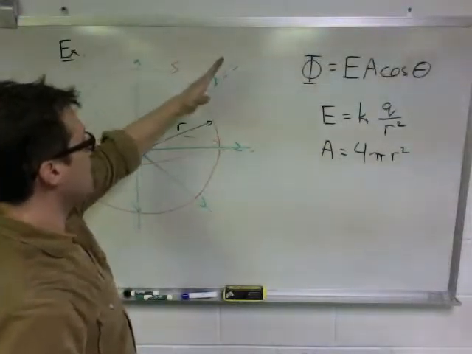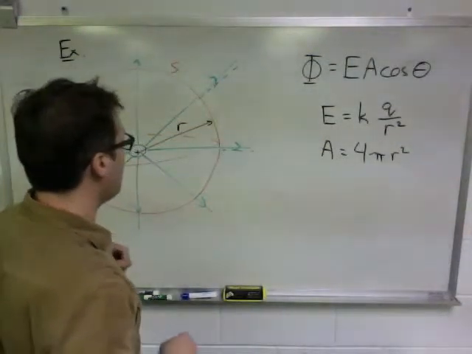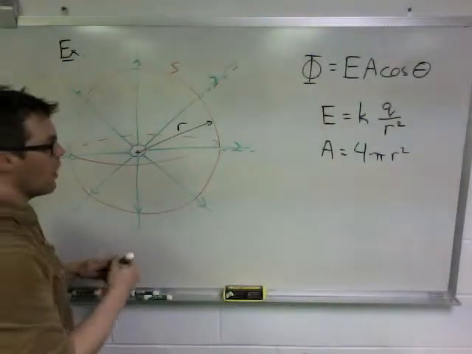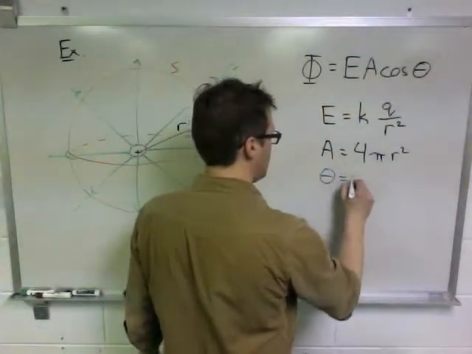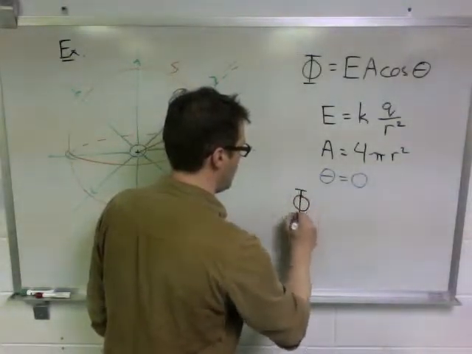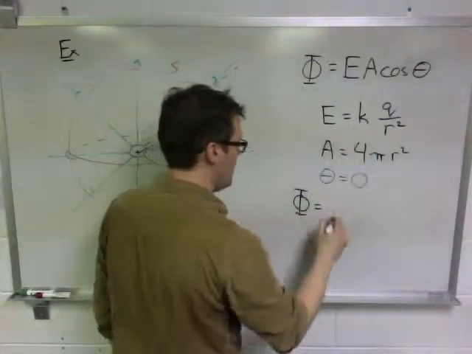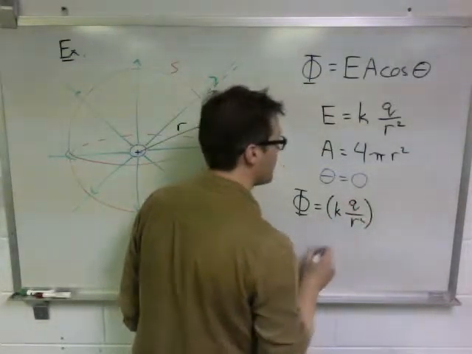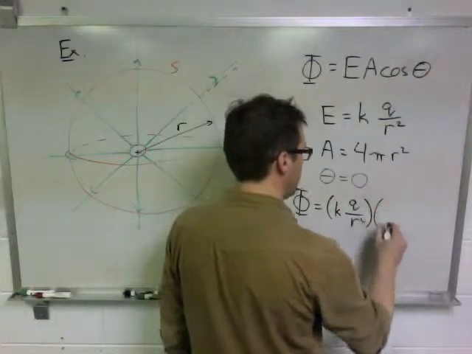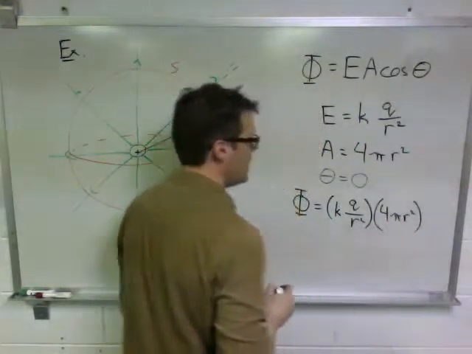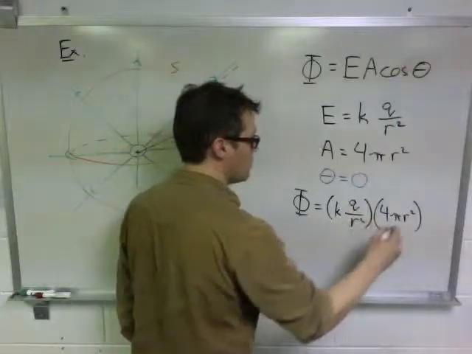So the benefit of having an electric field that always points perpendicular to the surface is that the angle theta is always 0. The flux would then be E, which is kq over r squared, times A, which is 4 pi r squared, times the cosine of 0, which is just 1.